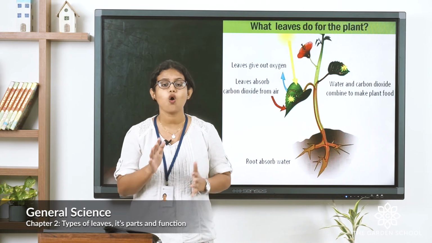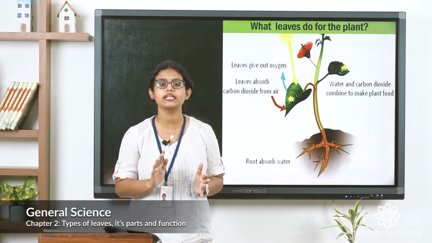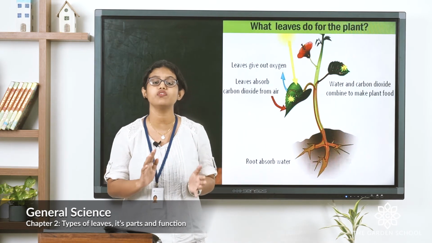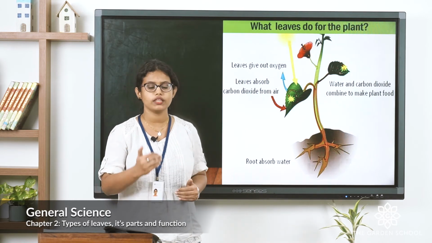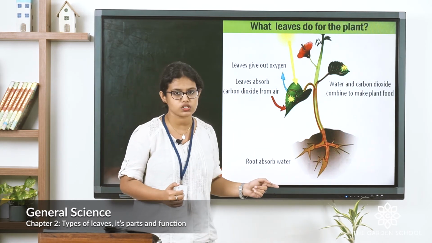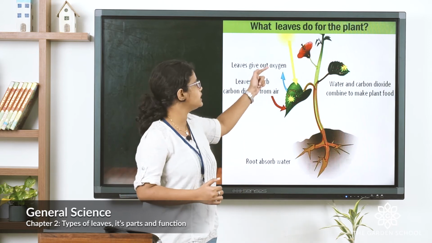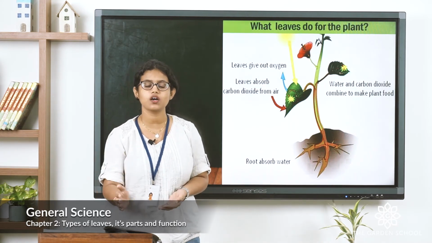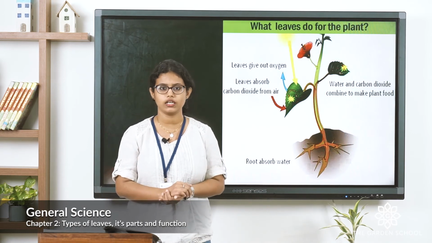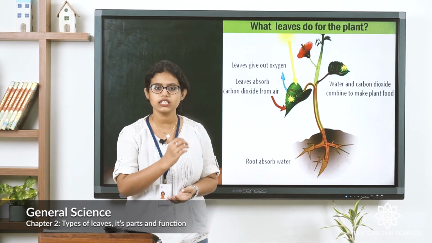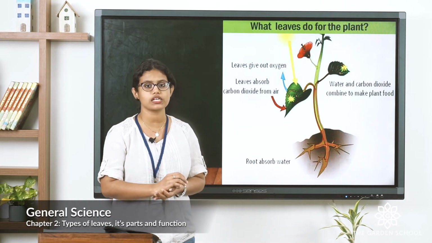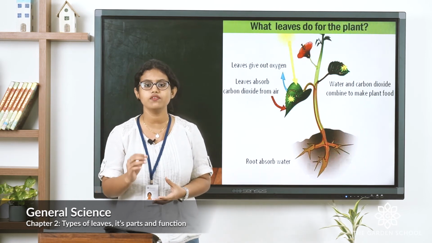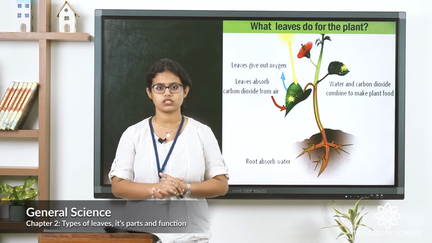The stomata open and close their pores for the exchange of gases. So the plants take in carbon dioxide from the air and release oxygen. And the roots take water from the soil, and with the water and the carbon dioxide, in the presence of sunlight, leaves make food for the plant.